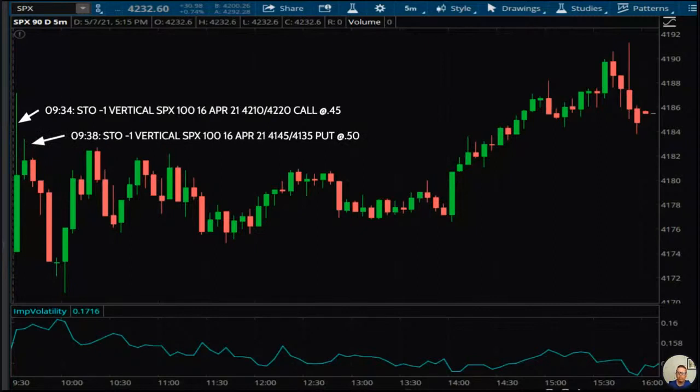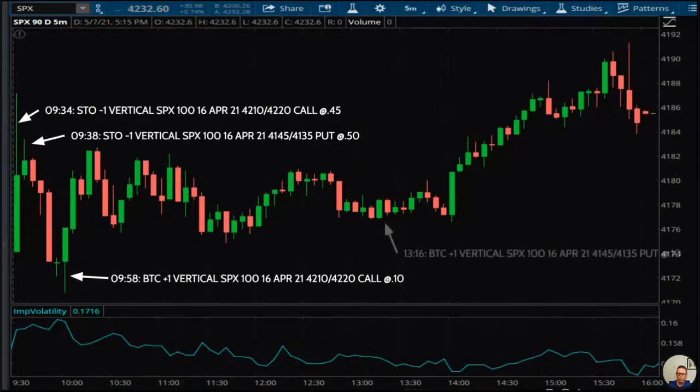I was able to close out the call spread at about 9:58. Very, very quick trade because the market went down pretty aggressively there, pretty quickly. And then later on in the afternoon, I was able to close the other leg for 10 cents. Okay, so this is one of those perfect trades that happen, and it just worked out. It doesn't happen all the time, but I wanted to share with you a variety of trades here.